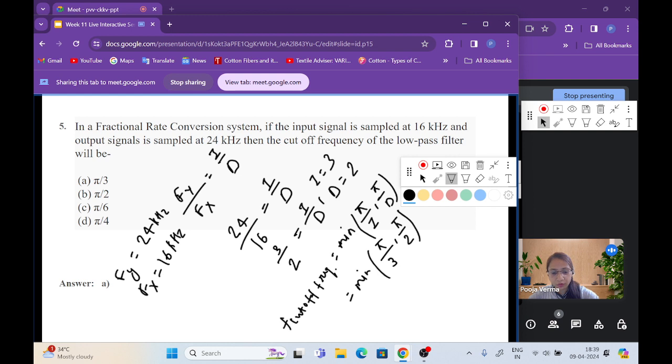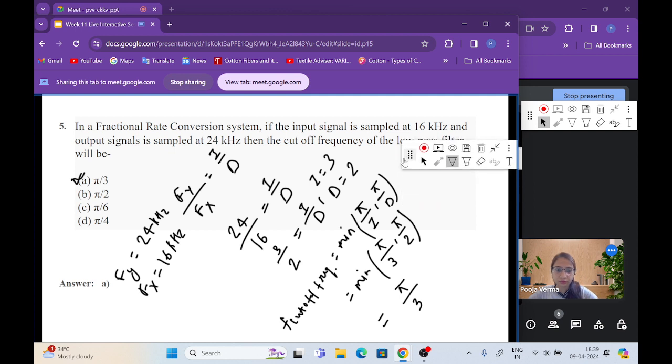So in both, what is the minimum value? That is pi by 3. So the cutoff frequency of a low pass filter is pi by 3. Okay, so the correct answer is pi by 3. I hope all of you have got this question.